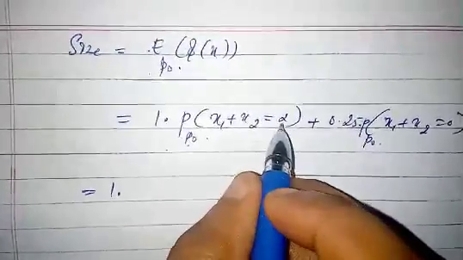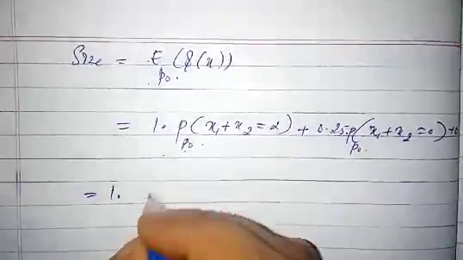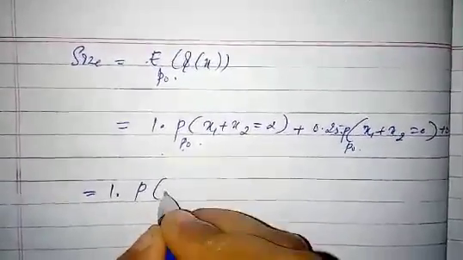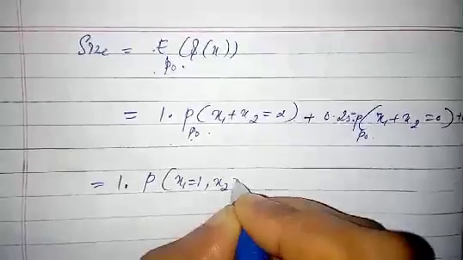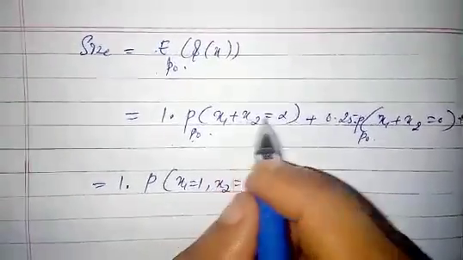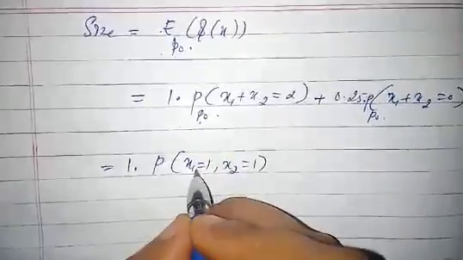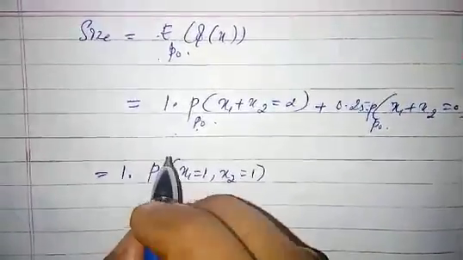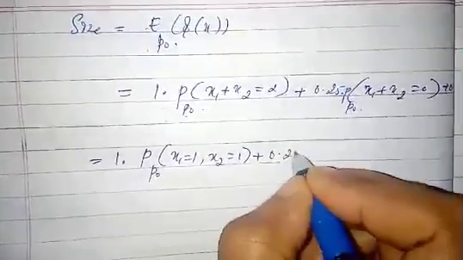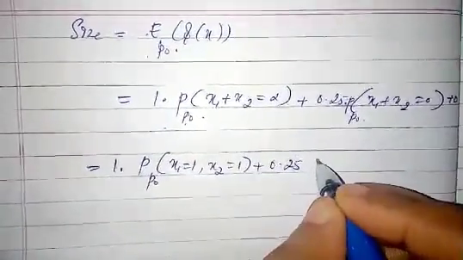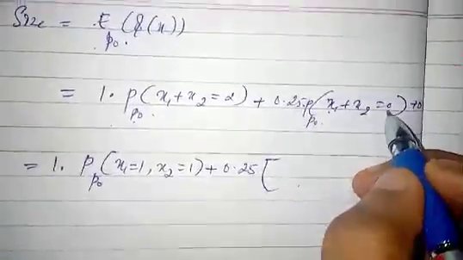When x1 plus x2 equals 2, we can write this term as the probability of x1 equal to 1 and x2 equal to 1 under H naught, plus 0.25 times the probability of x1 plus x2 equal to 0.